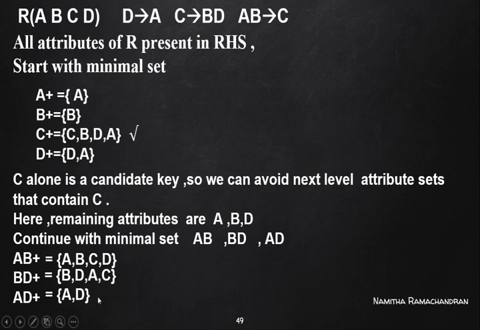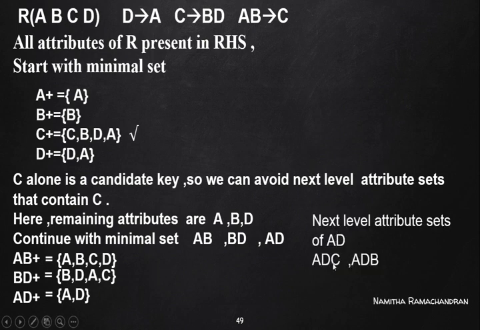Now consider the sets containing three attributes, and two among them are A and D. What are the possibilities? ADC and ADB. In ADC, we have a subset that contains C. We have already derived that C alone is a candidate key. So while removing A and D from this set, C alone can derive all the attributes of the given relation. So this is not a candidate key, this is a super key.